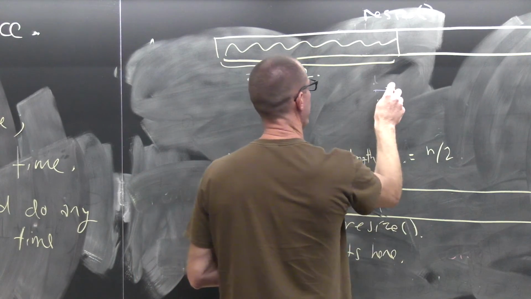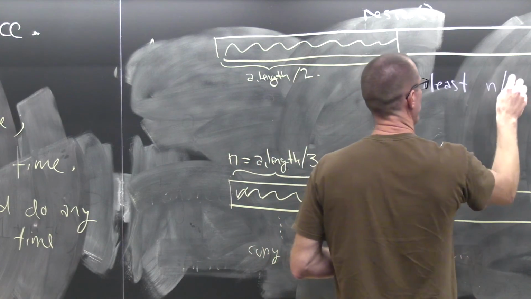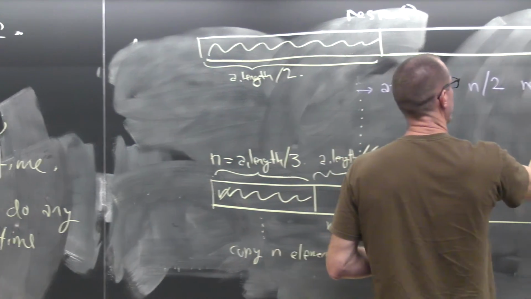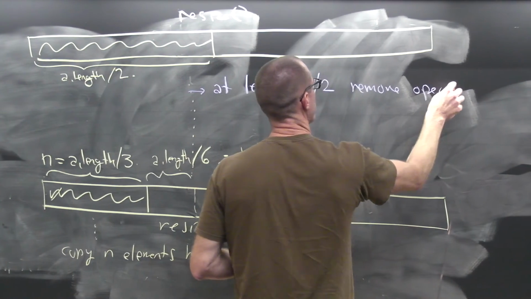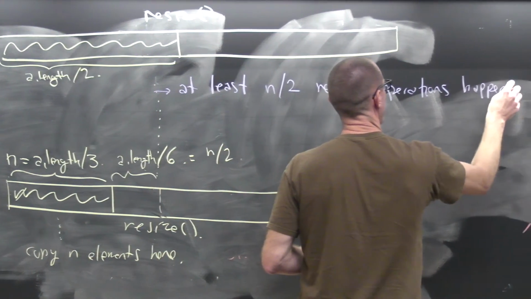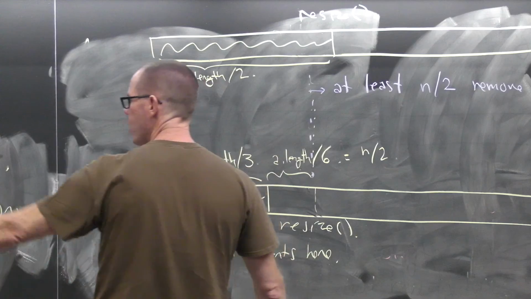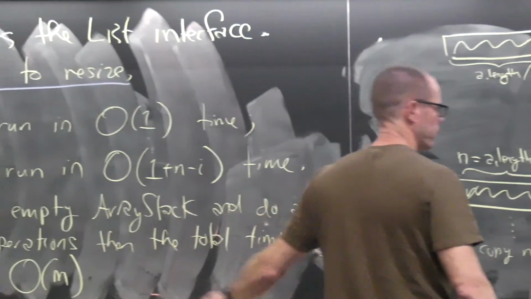So again, at least n over 2 remove operations happened. What does that have to do with what's written here?